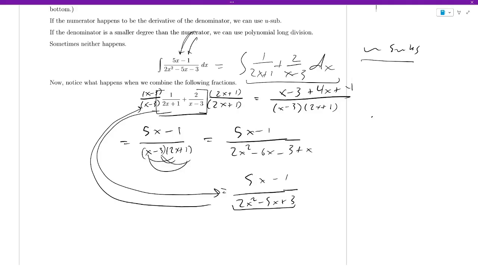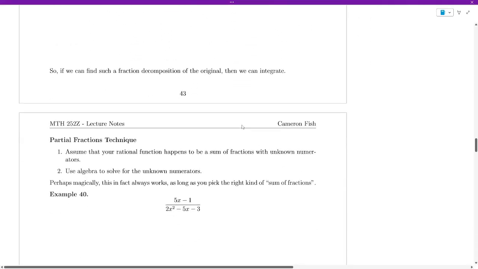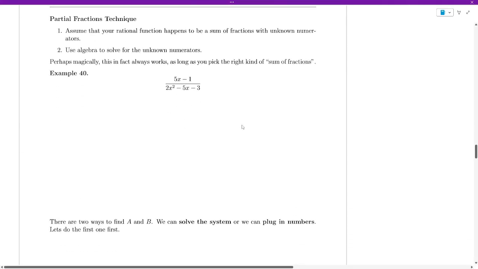Okay, so let's look at the official technique. The idea would be, what if we just guess or assume that our rational function, our polynomial divided by polynomial, just happens to be the sum of fractions, but with unknown numerators?